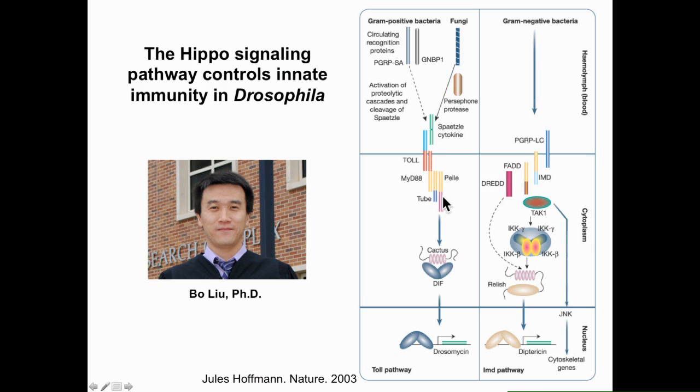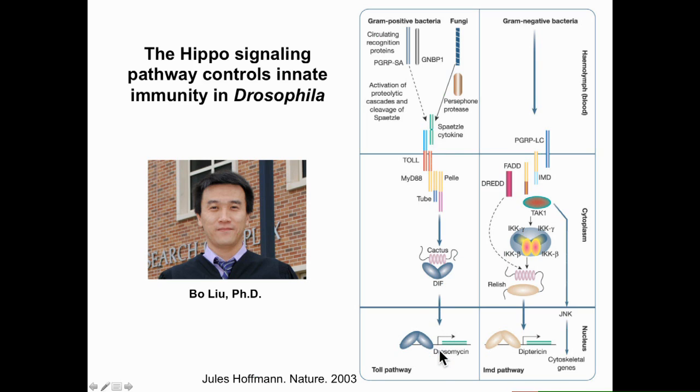It's believed that this activation of Pelle then leads to the phosphorylation of the Drosophila I-kappa B homolog called Cactus. The phosphorylation of Cactus then leads to its degradation, and that liberates the Drosophila NF-kappa B, either Dorsal or Dif, or Dorsal-related immunity factor. This NF-kappa B can then go to the nucleus to activate downstream targets.